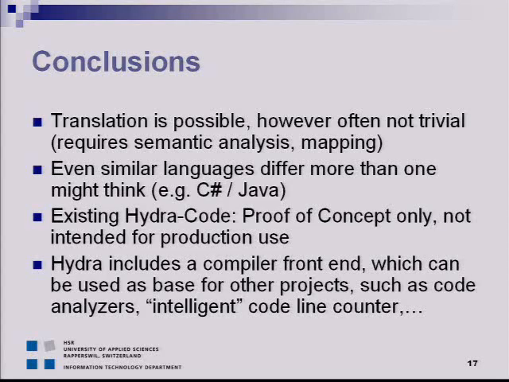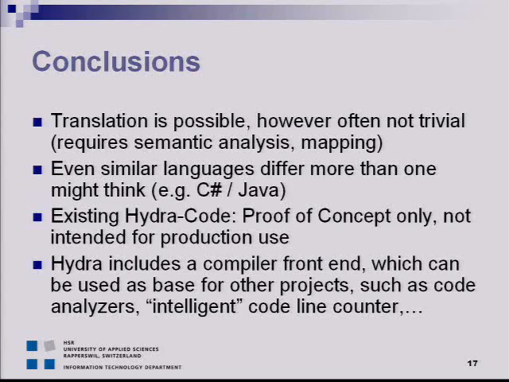To conclude the presentation, a translation from a source language into different target languages at once is possible, however often not trivial. Even languages that seem similar as C# and Java have differences that are highly nontrivial to overcome.